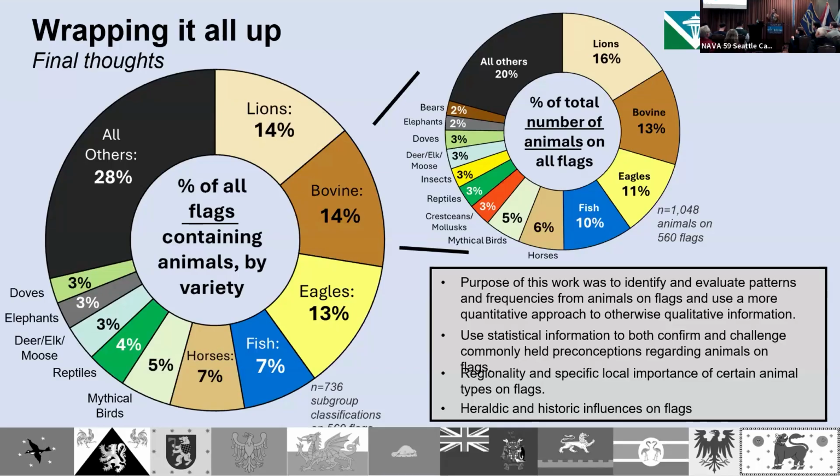As an attempt to make this data set more comprehensive, I did include portions of animals. There's a flag in Gabon that has bees on it, but some of the bees are truncated or cut off. I did count those as bees in insects, for example, but I did not classify a bee's nest as an animal.